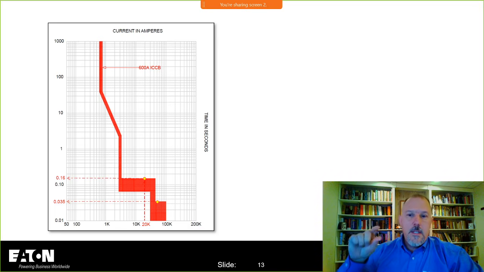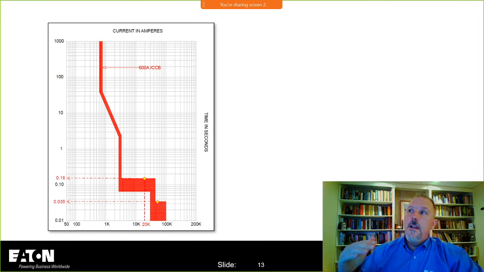So the band is an error margin, and the band is there for a lot of different reasons. These devices don't instantly operate. They have to do some thought process. They have to think about what they're seeing. They have to tell the device to open. The contacts have to separate, and there is some margin that you have to take into consideration for all that.